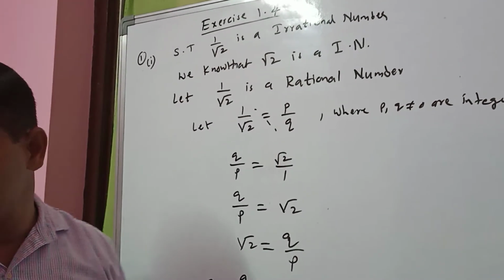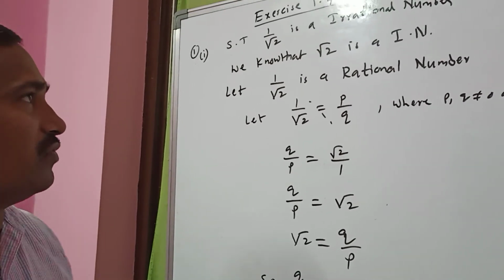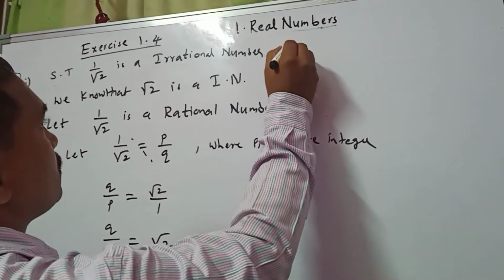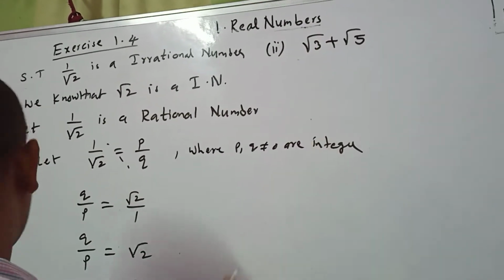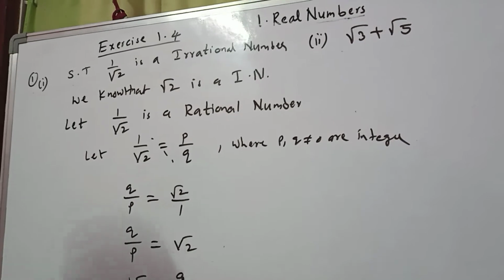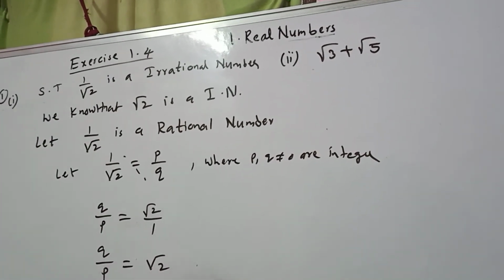Okay. Now let us see another problem. Root 3 plus root 5. Same method. We have to show that root 3 plus root 5 is irrational.